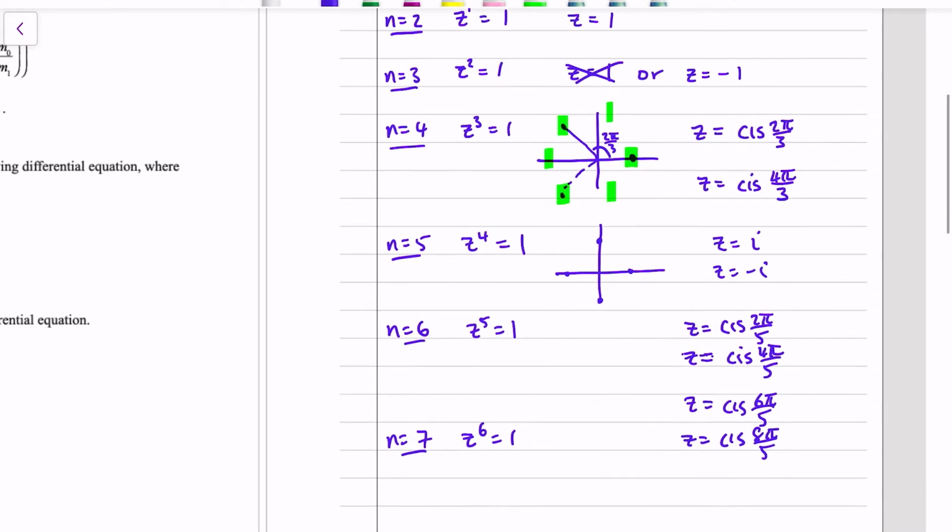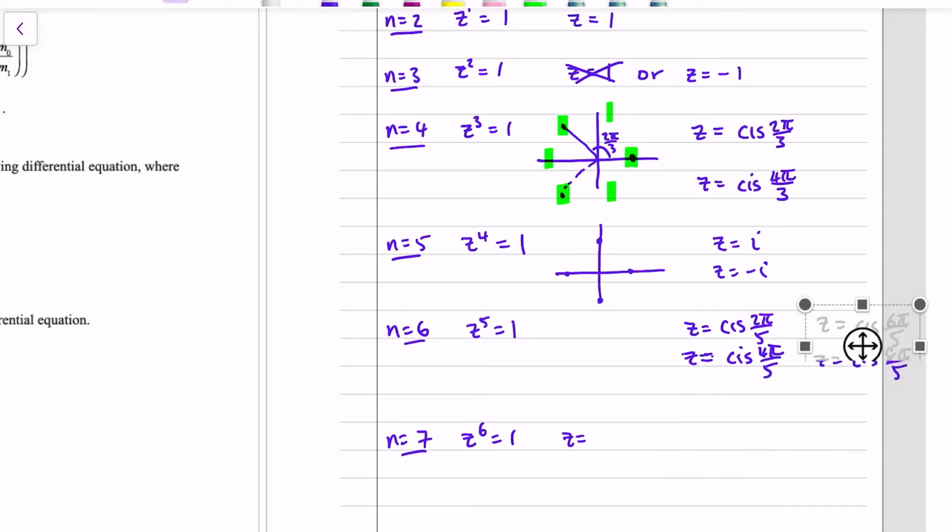So rather than 2 pi over 3, we're splitting 2 pi by 6. So we've got z is cis 2 pi over 6, or pi over 3.